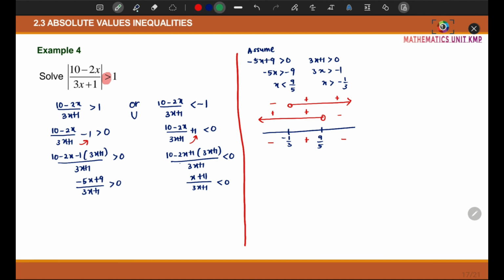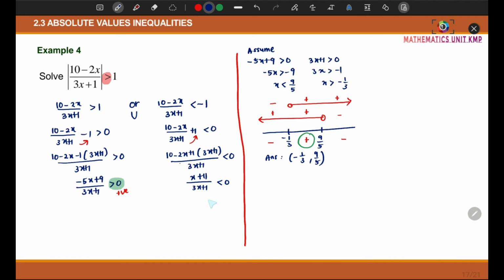Looking back at our rational inequality, we want the greater than 0 part, so it should be the positive sign. Okay, circle the answer, positive sign here. So the answer should be in the interval negative 1 over 3 to 9 over 5.